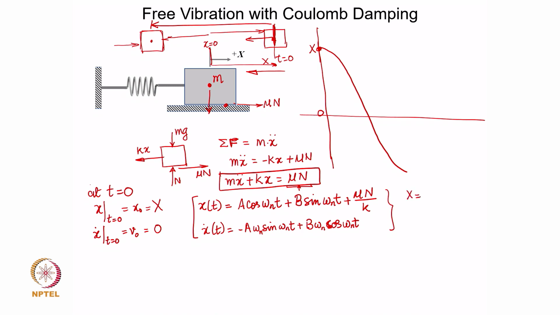capital X would be equated to what? A plus mu n by k. The sine term will be 0. So, obviously, A is going to be capital X minus mu n by k. And if I use the second equation here, so this is based on the first equation. If I use this equation, 0 is equal to B into omega n, which actually means that B is 0.